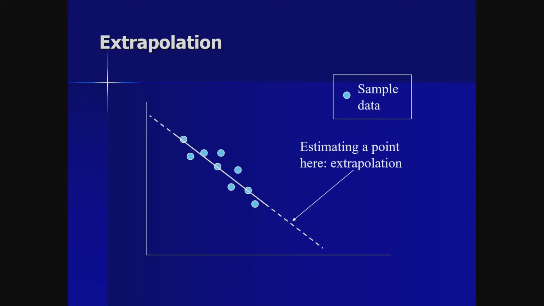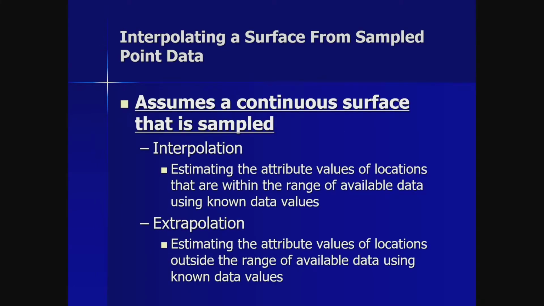Usually they are. There's no way of actually estimating how accurate those points are out in this area. So if you're going to do a spatial interpolation, you want to keep the center, but not the stuff on the outside. We'll talk about a few ways to actually implement that when we do the demo later. So that's the difference between interpolation and extrapolation.